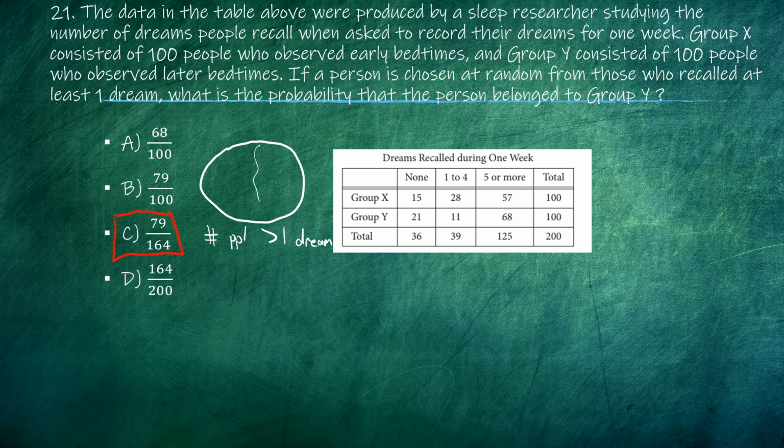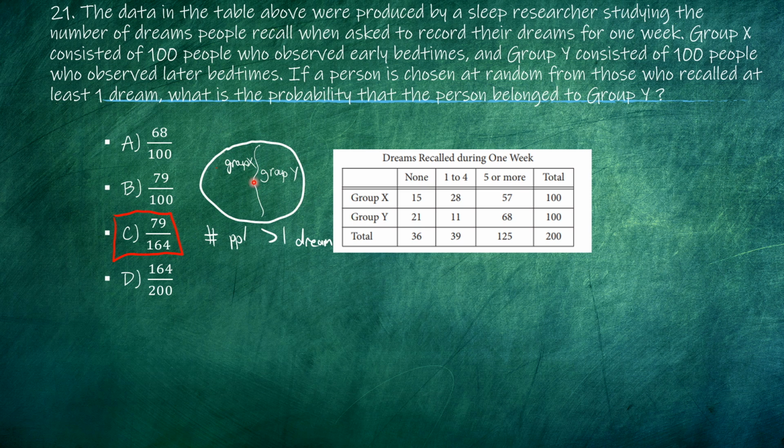And from here, we know some of these people will be from Group X and some will be from Group Y. So if we were to randomly pick any one from here, there is a certain chance that it will be from Group Y and the other chance from Group X.